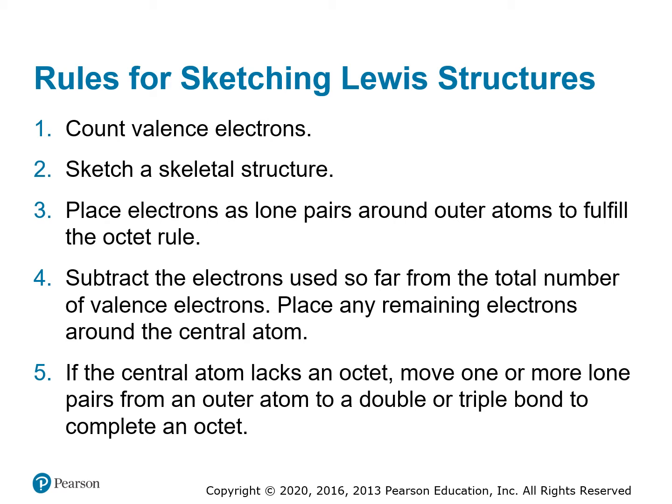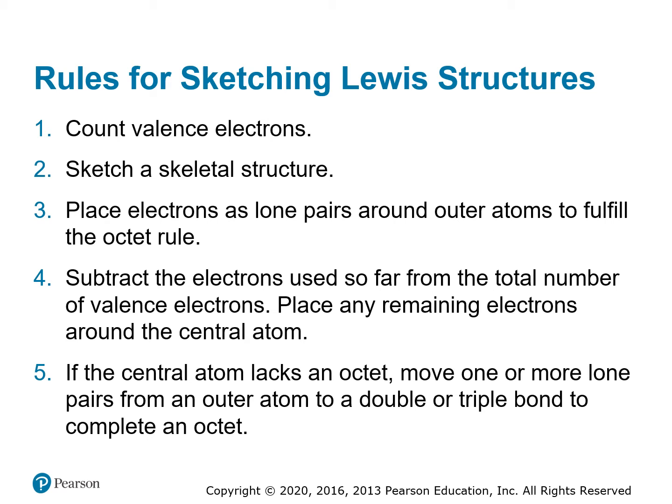We begin with counting the valence electrons, then we sketch a skeletal structure. We place the electrons as lone pairs around the outer atoms to fulfill the octets, and subtract the electrons used from the total number of valence electrons.